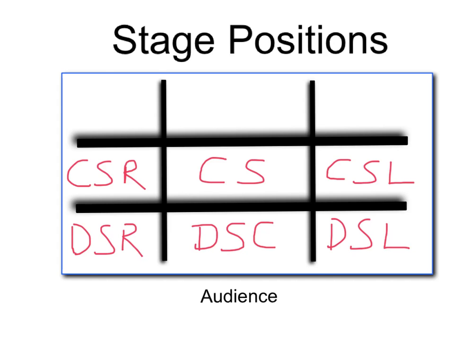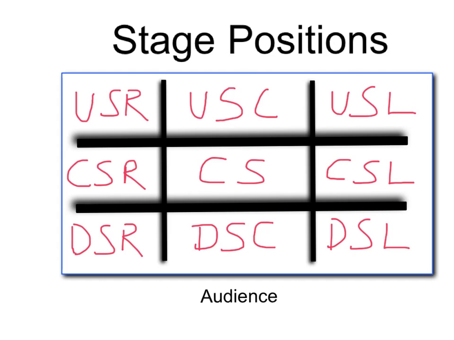If we move our actor upstage, first of all they are upstage, but they're also upstage centre, so they can be like that, USC. If they move upstage right, then we can say USR, and then if they move upstage left, it becomes USL.